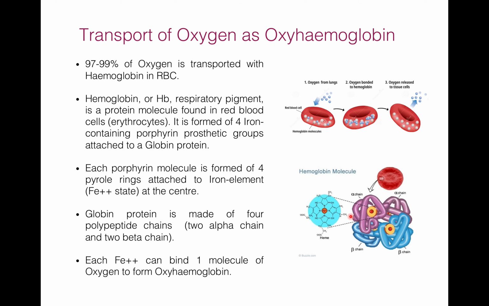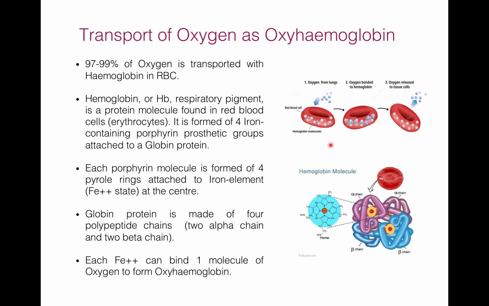Each Fe2+ can bind one molecule of oxygen to form oxyhemoglobin, and this process is called oxygenation. So, one hemoglobin molecule can bind up to 4 molecules of oxygen, which depends upon saturation with oxygen, and it depends upon some factors.